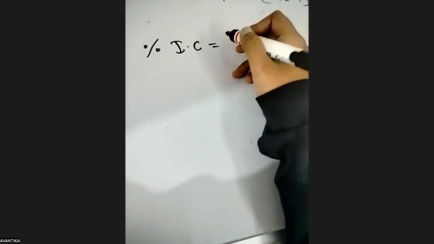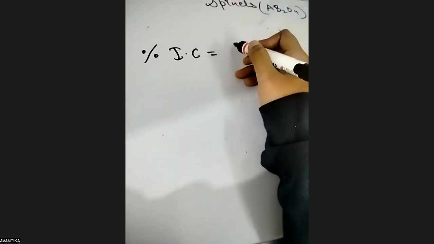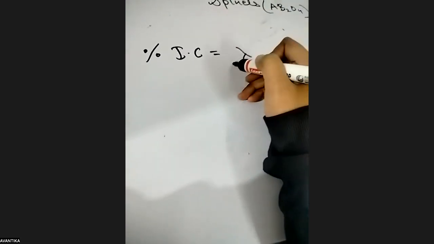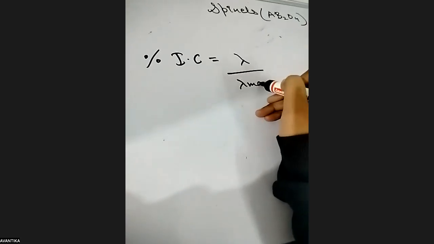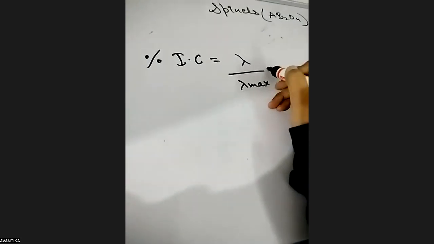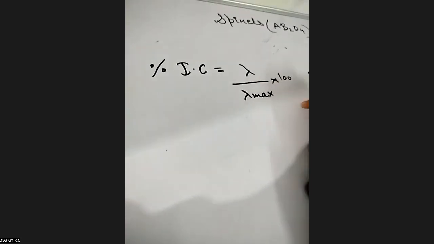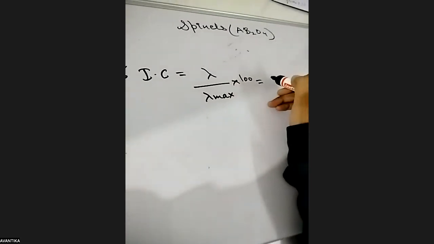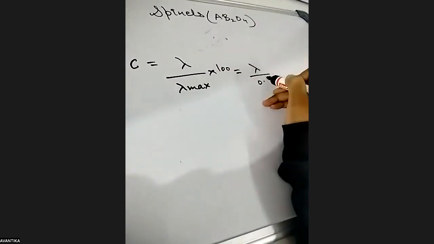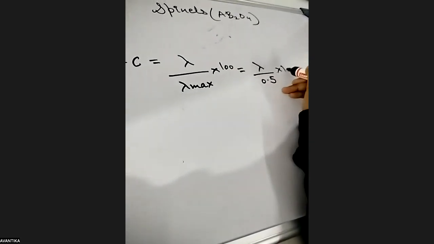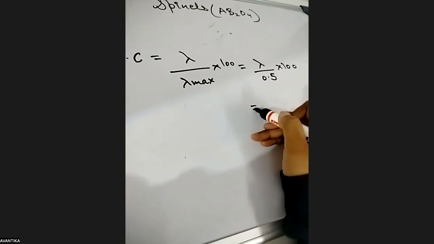The percentage inverse character will be calculated by the value of lambda divided by lambda maximum, and lambda maximum is 0.5. So lambda divided by 0.5 times 100 comes to 200 lambda.